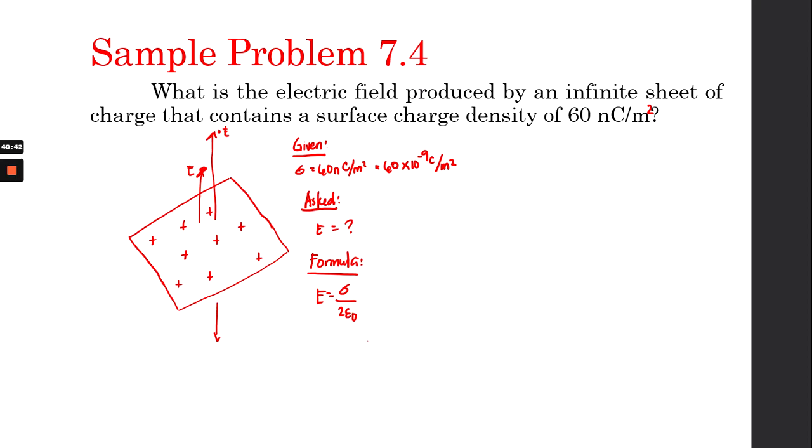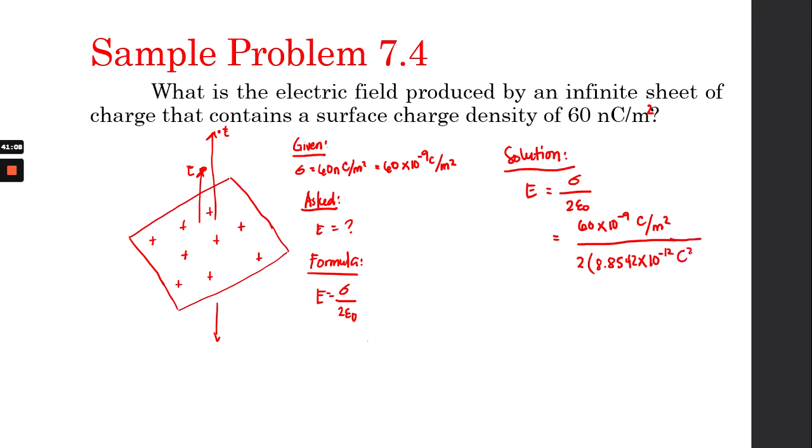So to solve this, I just have to plug in my numbers. E is equal to sigma over 2 epsilon naught, that is equal to 60 times 10 raised to negative 9 coulombs per square meter divided by 2 times 8.8542 times 10 raised to negative 12 coulombs squared per newton meter squared.